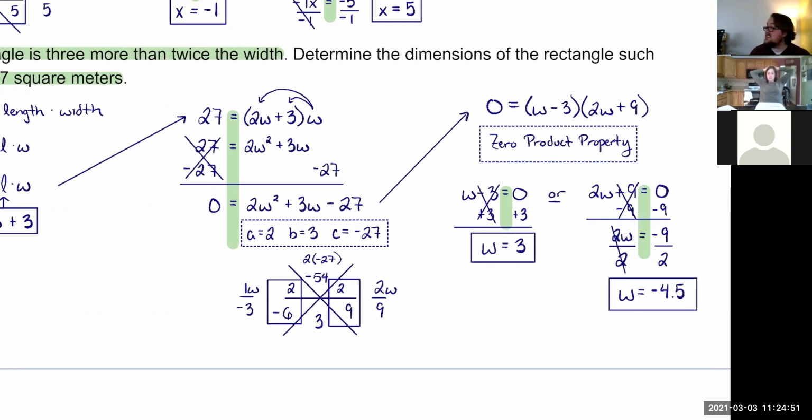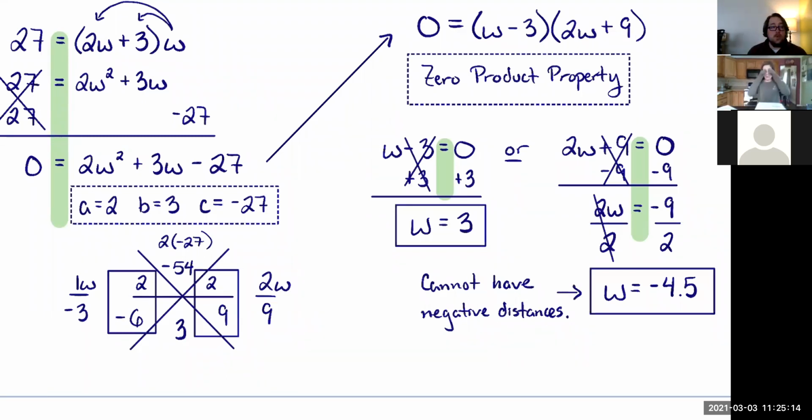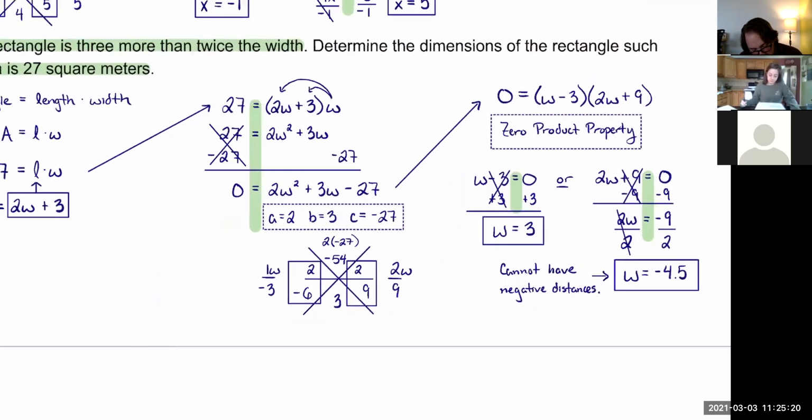You can't have a negative distance, any kind of distance. You can't go negative 17.3 miles. So we cannot have negative distances. So although we found it and it worked great for the equation, it does not fit the context of the problem. So our width is 3.